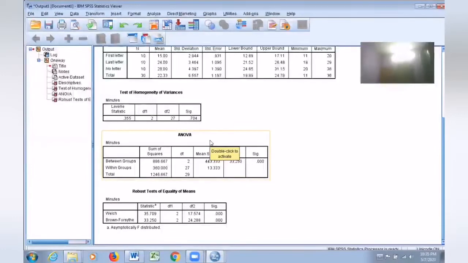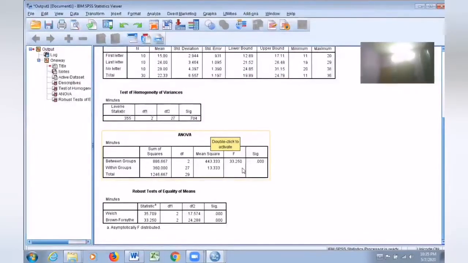In case the sig value of the homogeneity of variance test is less than 0.05, then it means that the homogeneity of variance assumption is not met, and we cannot look at the ANOVA test result.